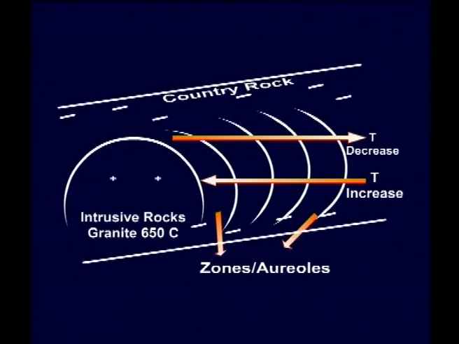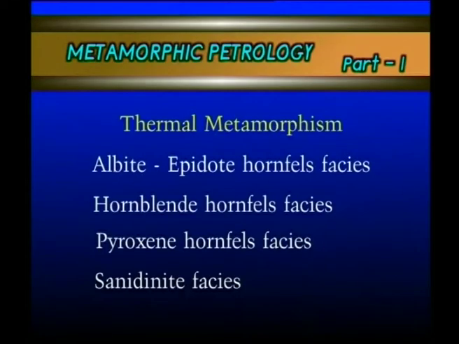There are mineralogical changes right from the immediate contact up to the outer part. So normally in thermal metamorphism, heat is an important factor and pressure is very low. If we see the different metamorphic phases, during thermal metamorphism four important phases are formed: Albite epidote Hornfels, Hornblende Hornfels, Pyroxene Hornfels, and Sanidinite phases.